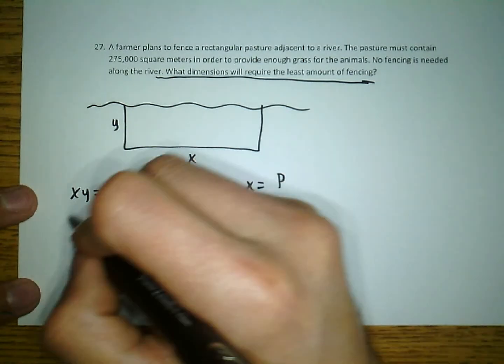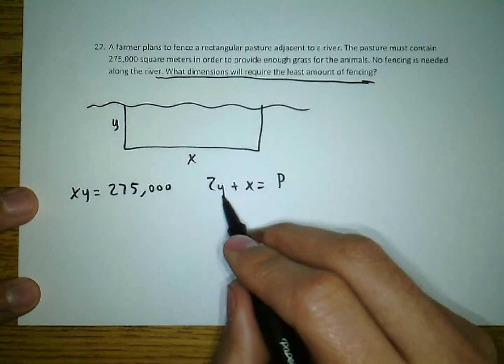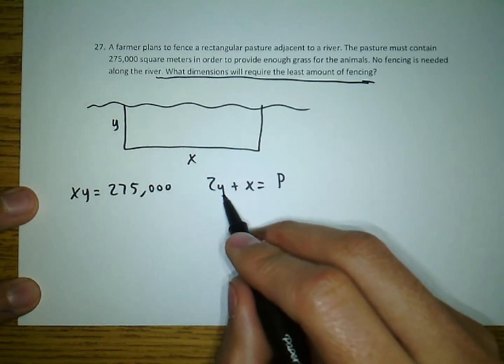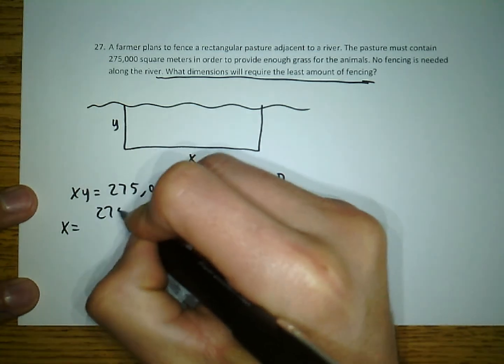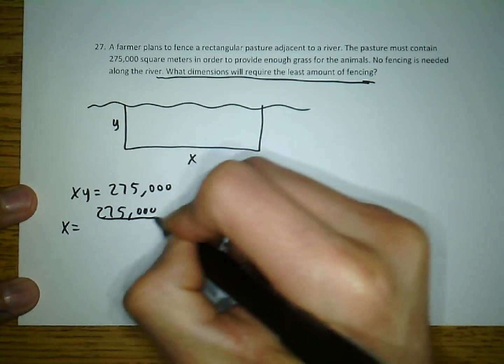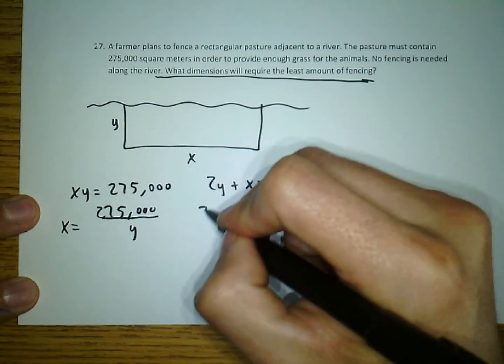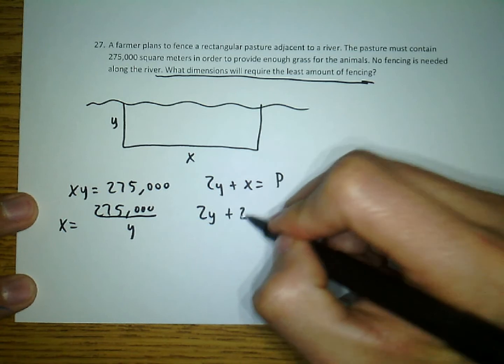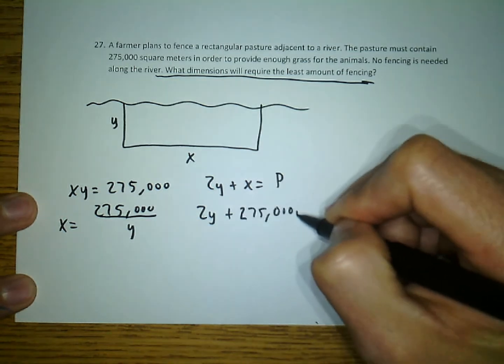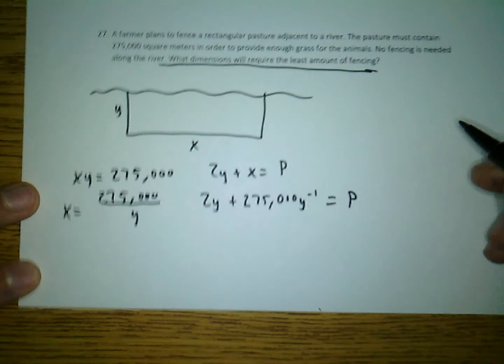So here we go. To make my life easy, I'm going to solve for x. So x is equal to 275,000 over y. So that means that 2y plus x becomes 2y plus 275,000 y to the negative 1 is equal to p.